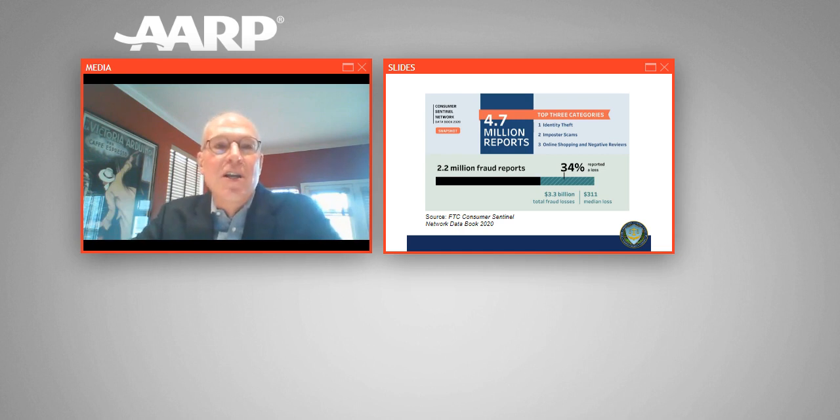Earlier this year, the FTC released our Consumer Sentinel Network Data Book, reporting on the fraud and identity theft complaints that we received in 2020. The data book includes both national complaint numbers and breakdowns by state of the top frauds and types of identity theft. The national numbers for 2020 are shown on the slide.